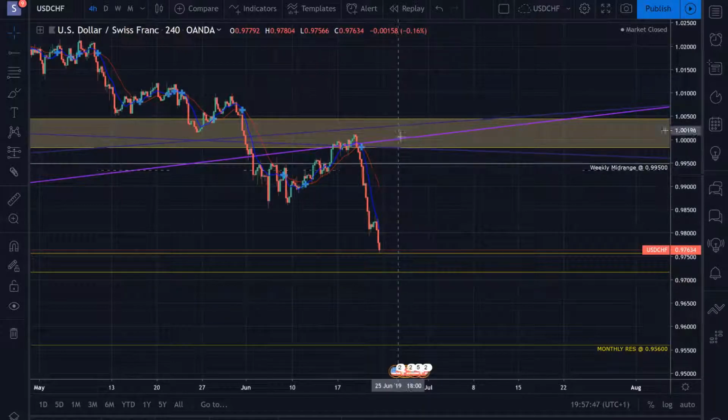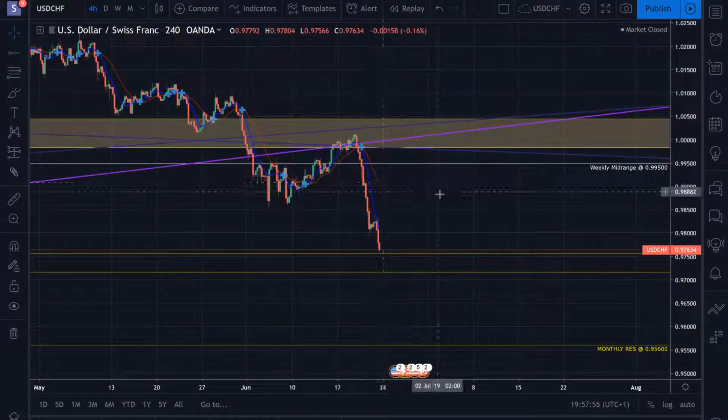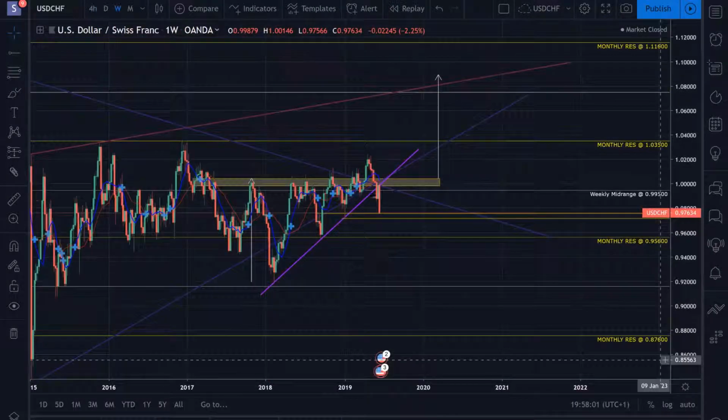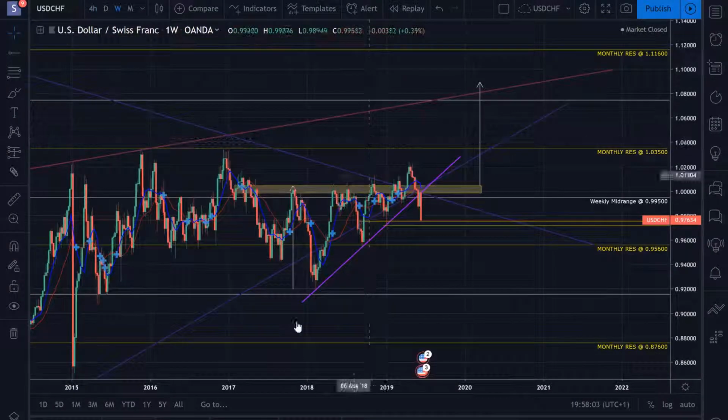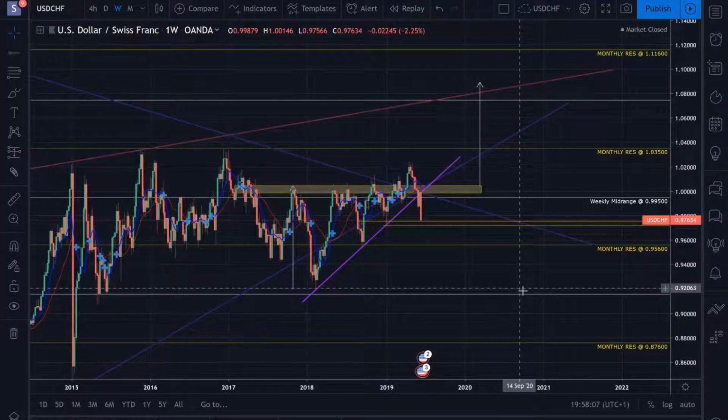If we do see this come up for a second time, we may see these key levels, these ascending trend lines and descending trend lines, break. I'll be honest, I'm favoring upside due to past technical charting patterns. So I'm going to really wait and be patient.